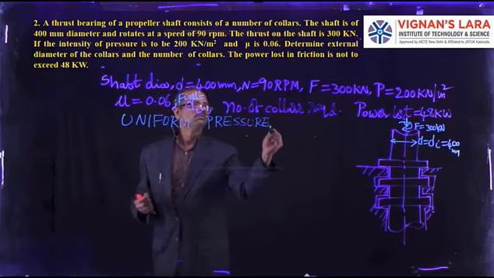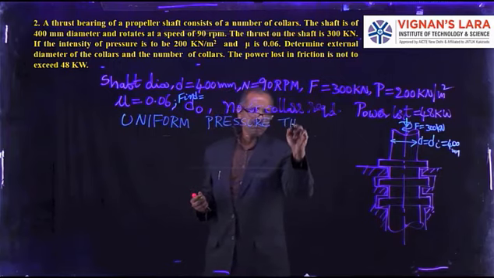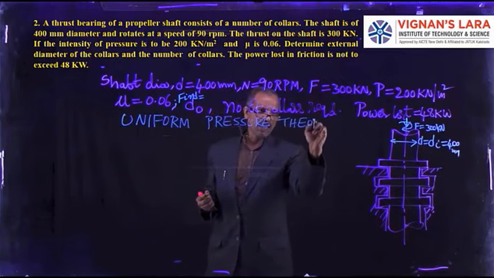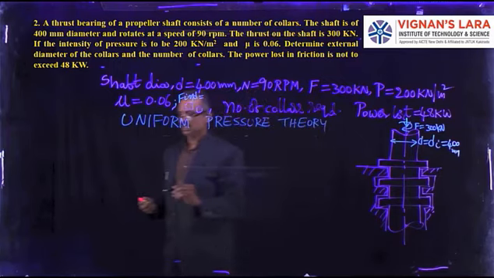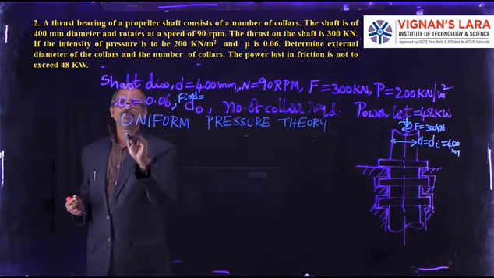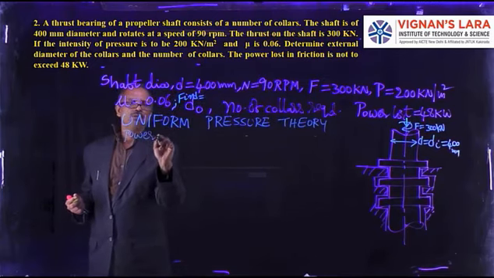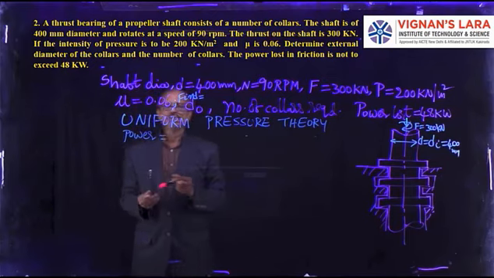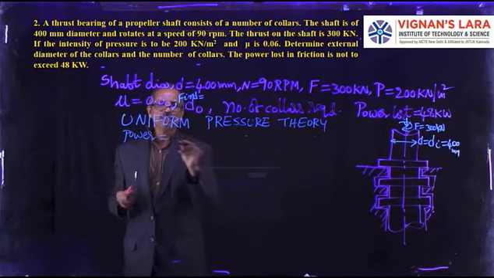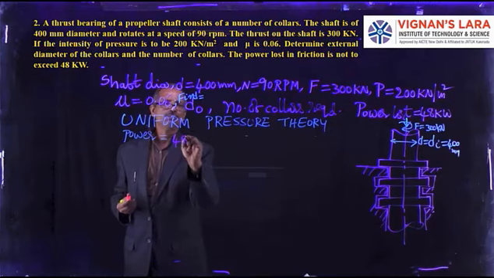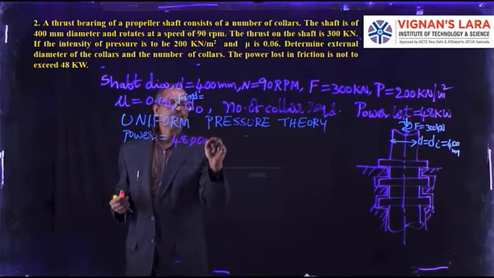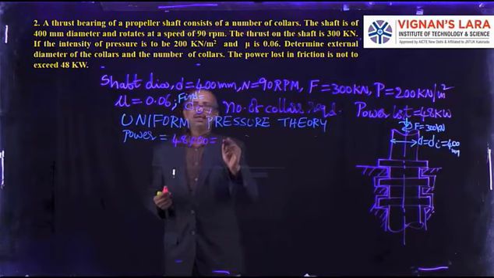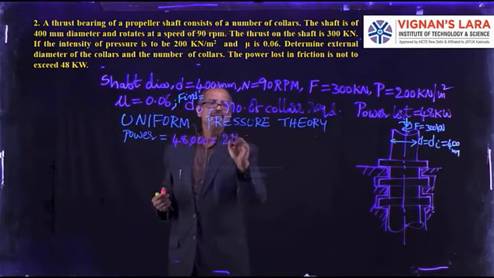Now, what is available with us? The power lost is available. That is, power is equal to 48 kilowatts, which is 48,000 watts, and is given by 2 pi N T by 60.